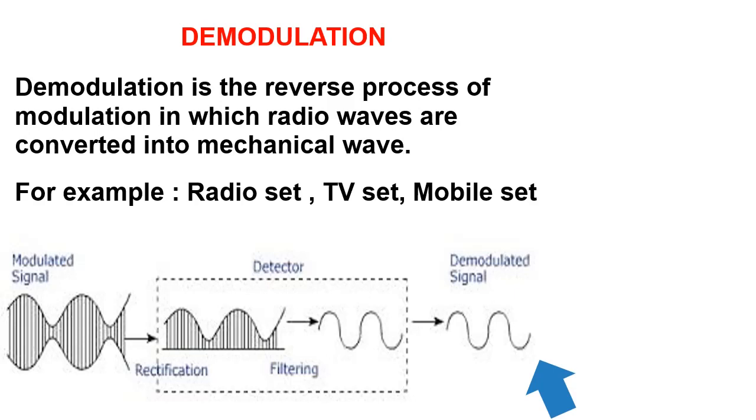You can see that is a demodulated signal. Originally it was transmitted and again it reached safely, and this sound can be heard very easily. The devices which perform the demodulation are called demodulators. For example, radio set, TV set, mobile set are examples of demodulators.